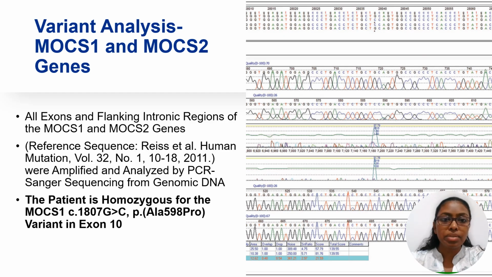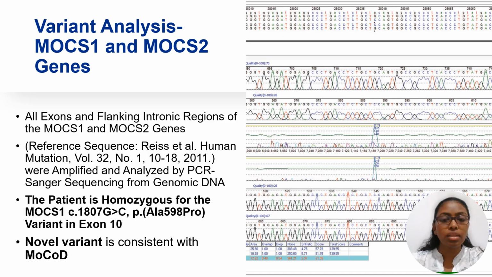At cDNA position 1807, guanine is replaced by cytosine, resulting in a substitution of alanine with proline at amino acid position 598, located in exon 10. This variant has not been previously reported in the literature or in variant databases. This homozygous novel variant is consistent with molybdenum cofactor deficiency.